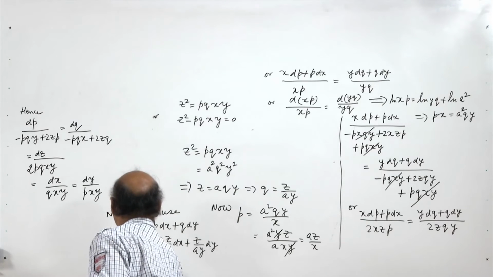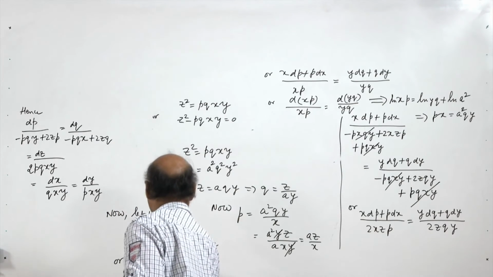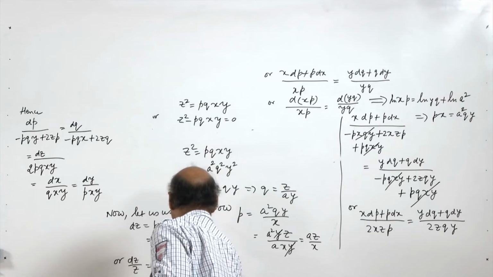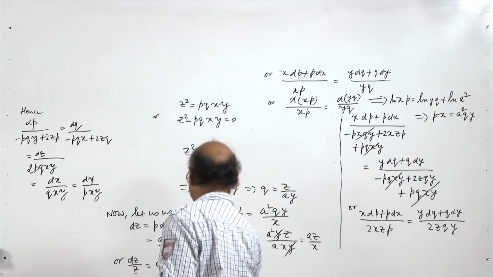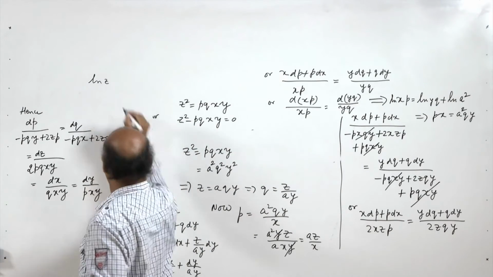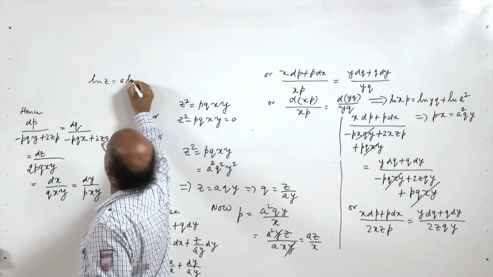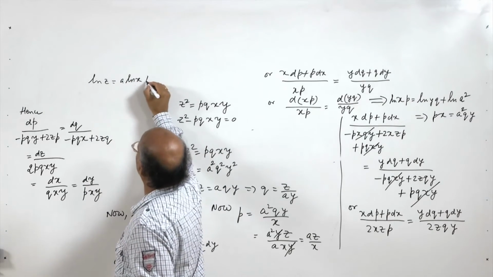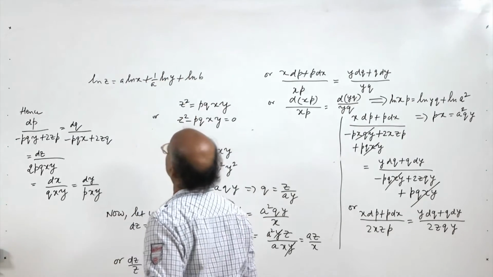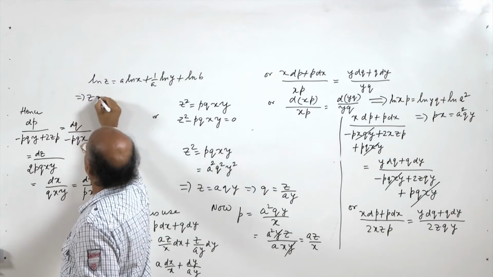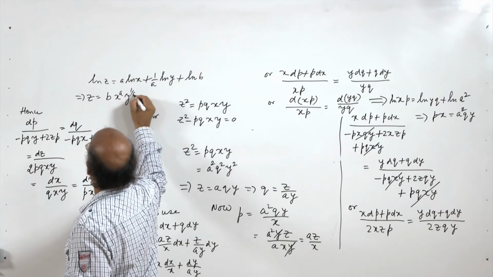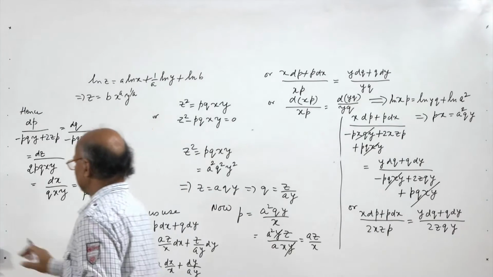So dz by z = a dx over x + dy over ay. When we integrate this equation, we get ln z = a ln x + 1/a ln y + ln b. So this will give you z = b times x to the power a and y to the power 1 by a, which is the complete integral.